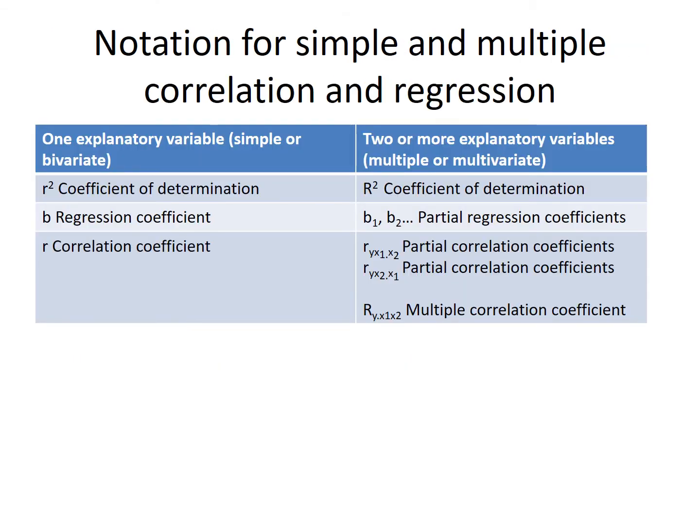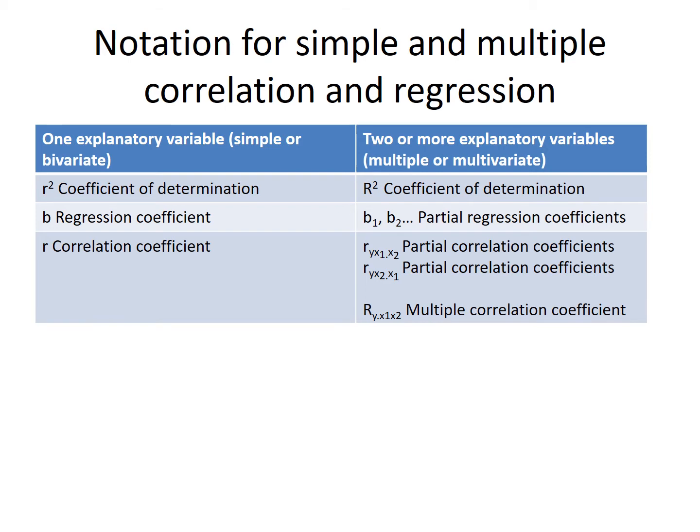So there are some notations for simple and multiple correlation and regression. On the left-hand side, you have simple or bivariate regression. So little r squared is the coefficient of determination, whereas with two or more variables, it's the same thing, but now it's capitalized R squared, coefficient of determination. B is the regression coefficient, because you only have one independent variable.